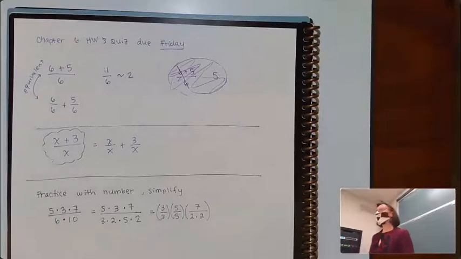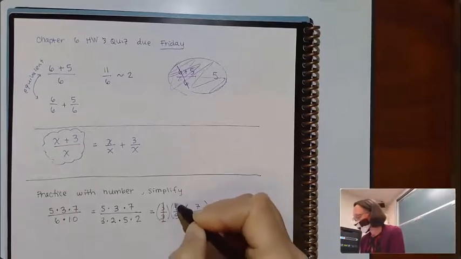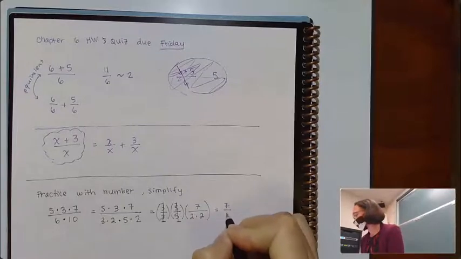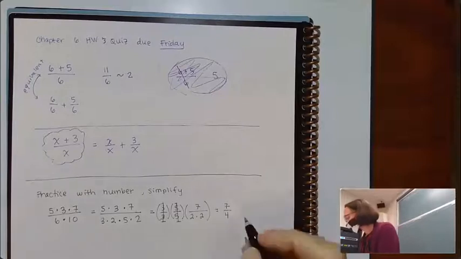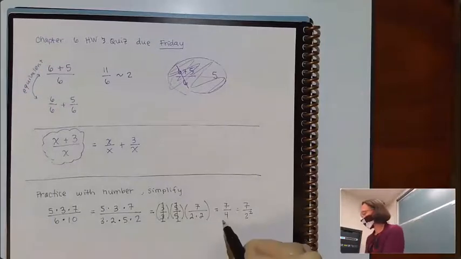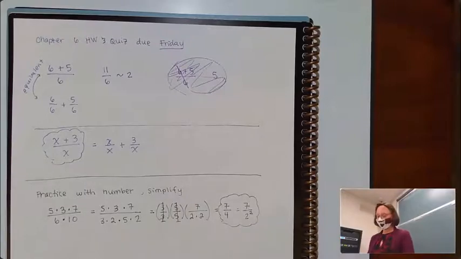Now that I have things that are multiplying and equal to 1, that 3 over 3 is a 1, that 5 over 5 is a 1, and my final answer here would look like 7 over 4. It would also be fine to leave this looking like 7 over 2 squared. Either one of these would be totally fine as a final answer.